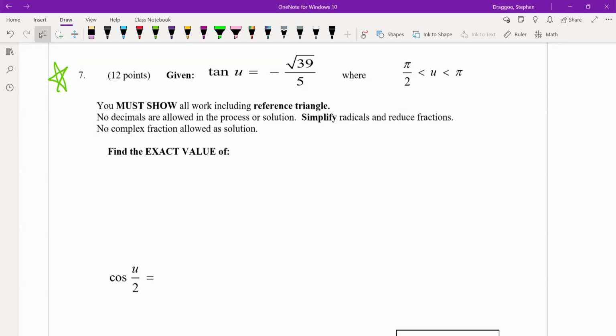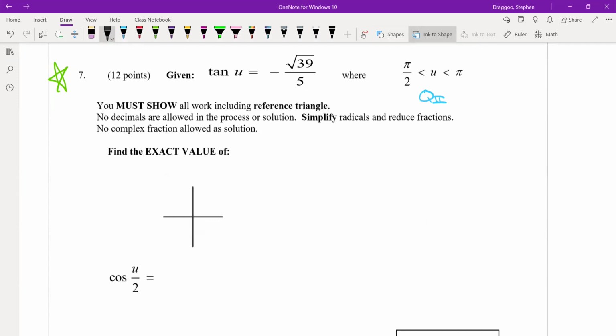If I take a look at my inequality over here, u is in between pi over 2 and pi. That's the second quadrant. And that's backed up by the fact that the given tangent value is negative. So feel pretty solid about that. Let's go draw that shape. I'll start by giving myself coordinate axes.